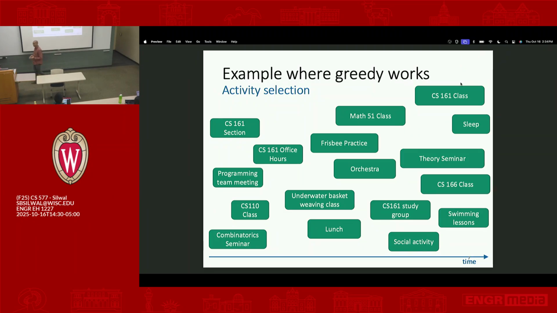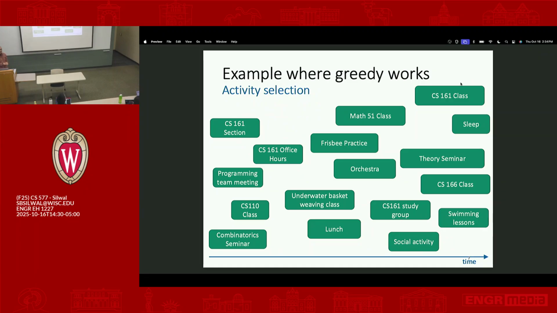So you have a bunch of activities to choose from, and I want to pick the most activities that I can do that don't overlap in time. I can't go to my basket weaving class and have lunch because they happen at the same time. So I want to pick the largest number of non-intersecting activities.